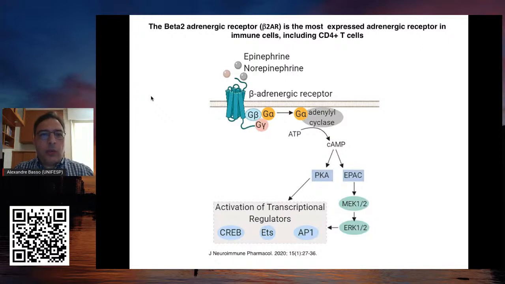And the beta-2 adrenergic receptor is the most expressed adrenergic receptor in immune cells, including CD4 T cells. And the signaling pathway downstream of beta-2 engagement involves adenylyl cyclase conversion of ATP into cyclic AMP, activation of PKA, and then CREB phosphorylation.